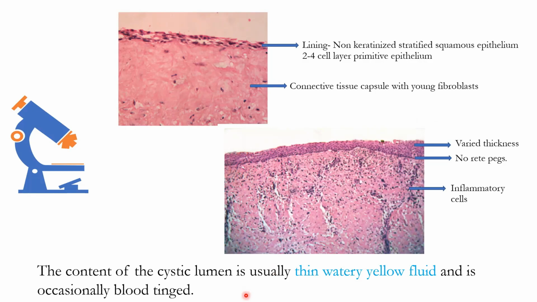So when you aspirate the content of the cyst, it usually is thin, watery in consistency, and the color of the fluid is yellow. Sometimes it can show presence of some RBCs, but normally it is thin, watery, and yellow in color. So that could be diagnostic even before you do the surgery itself.